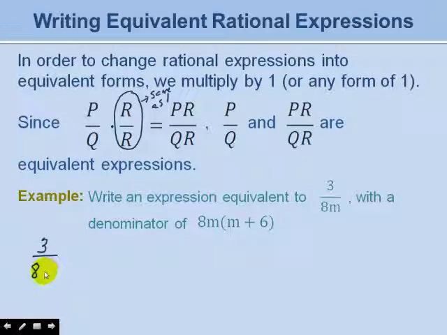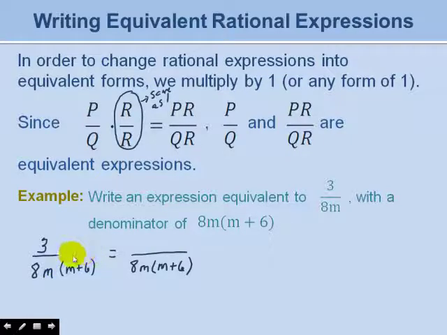We're starting with 3 over 8m and we want to do something to this so that we end up with a denominator of 8m times m plus 6. Now if you compare the two denominators, the only difference is that the second one also has an additional factor of m plus 6. Well, to get that, we could have multiplied our denominator by m plus 6. So let's write that in here.